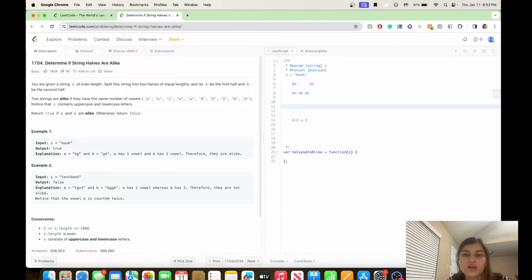If it was 8, then it would be 4 and 4. If it was length 10, then it would be 5 and 5. 12, then it would be 6 and 6.